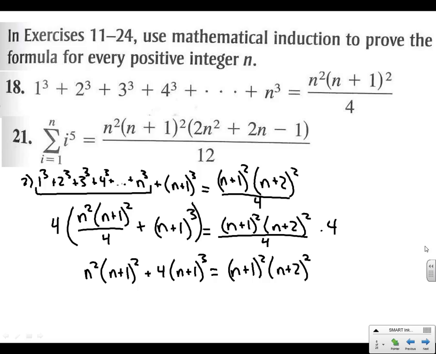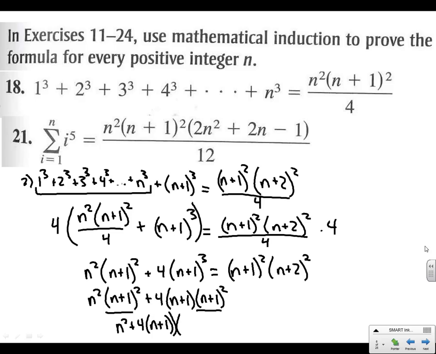If we can realize that (n + 1)³ is the same as writing (n + 1) and then another (n + 1)², we'll see here that both terms have an (n + 1)², so we can factor out n² + 4(n + 1) times (n + 1)² equals (n + 1)²(n + 2)².